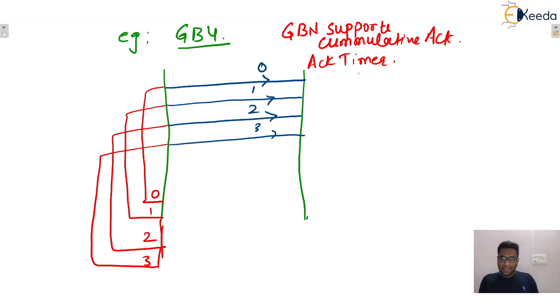Let's say this is the duration of the acknowledgement timer. The duration of the acknowledgement timer should be not too big and not too small. If it is too big, there will be a chance that the timeout timers at the sender side expire.